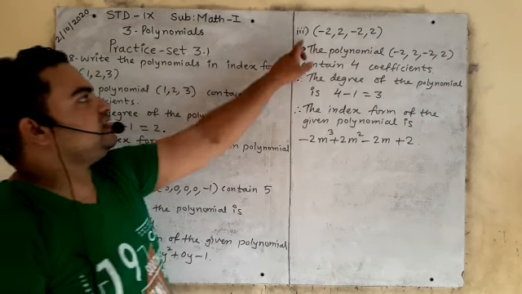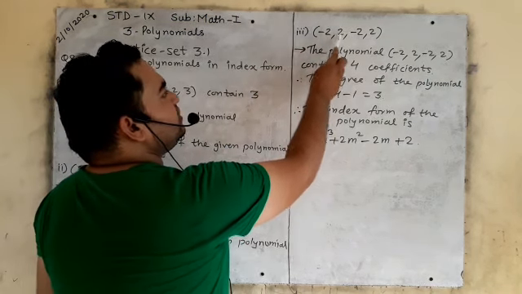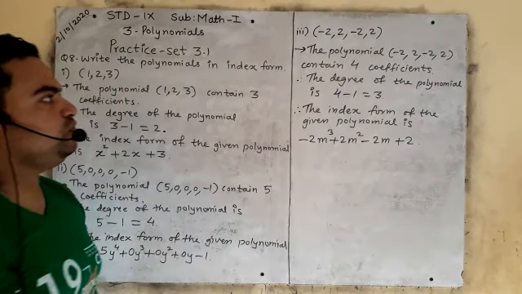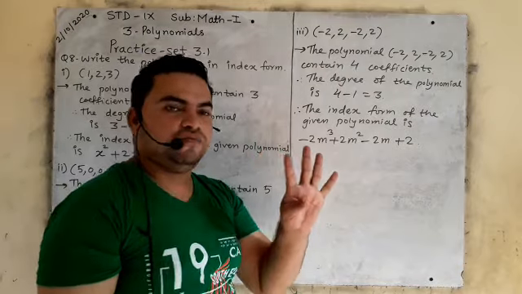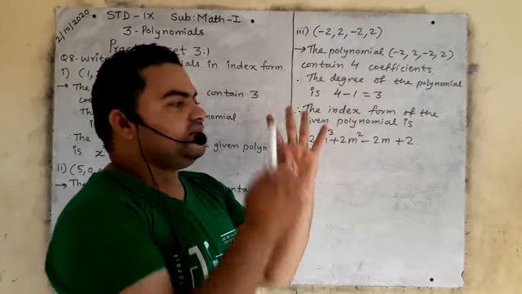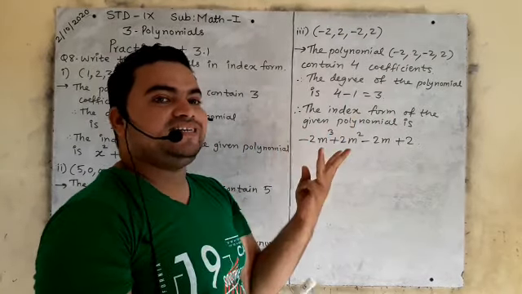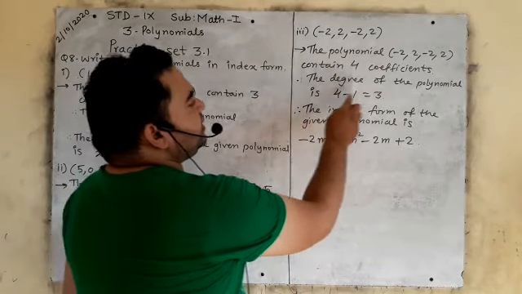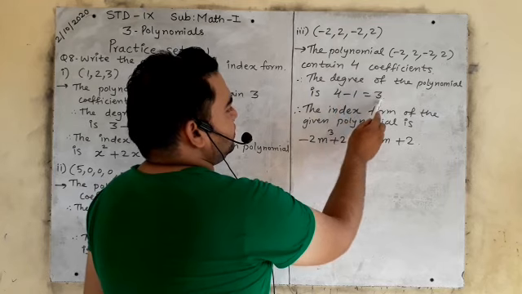Okay. Now look at the third one. How many coefficients? 1, 2, 3, 4. The polynomial minus 2, 2, minus 2, 2 contains 4 coefficients. So you will reduce 1. It means the highest degree in this polynomial will be 3. So the degree of the polynomial is 4 minus 1, which is 3.